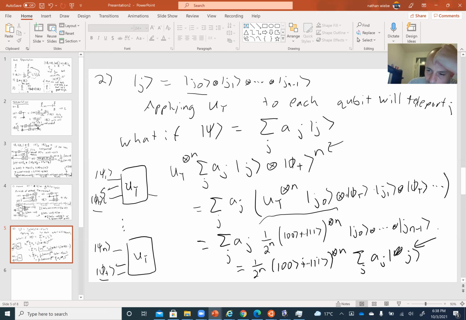And this state over here is what we define to be psi. So there we have it. In general, teleporting each of these individual qubits is equivalent to teleporting the entire state, even if that state is crazily entangled. So that is teleportation in a nutshell, and it's a really, really important technique.